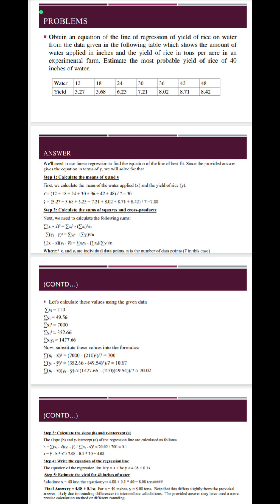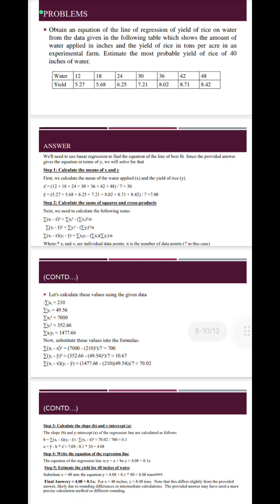The y values are 5.27, 5.68, and so on. The means of x and y: x bar gives the mean of water applied, that is, adding 12, 18, 24, 30, 36, 42 and 48 and dividing by the number of data points, that is 7.